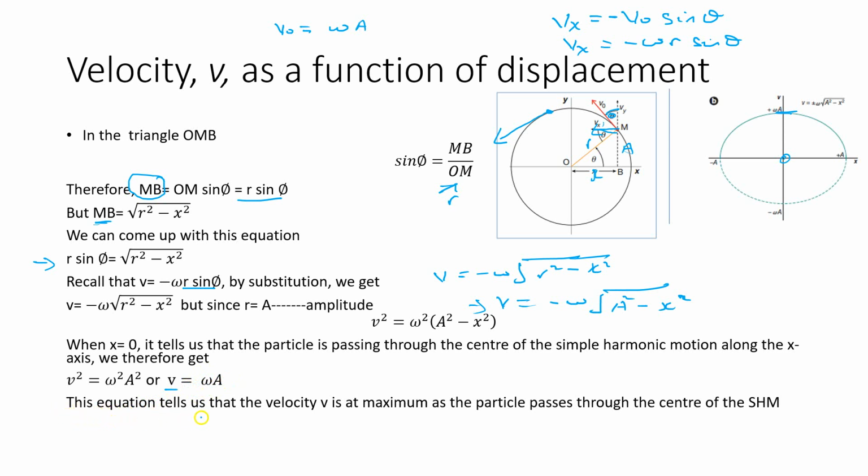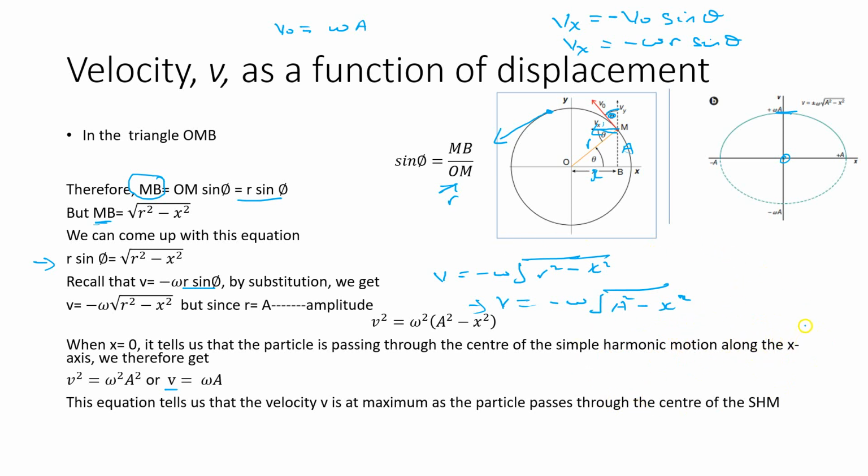This equation tells us the velocity V is at maximum as a particle passes through the center of the simple harmonic motion. I know this proof might be a little complicated, but it's just applying Pythagoras' theorem and trig ratios a little bit to come up with this entire thing.